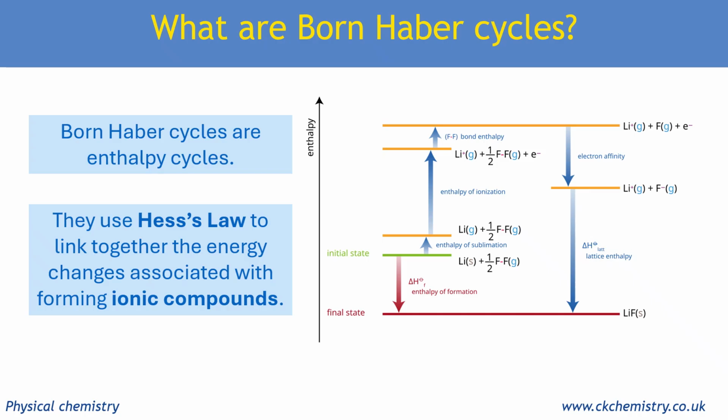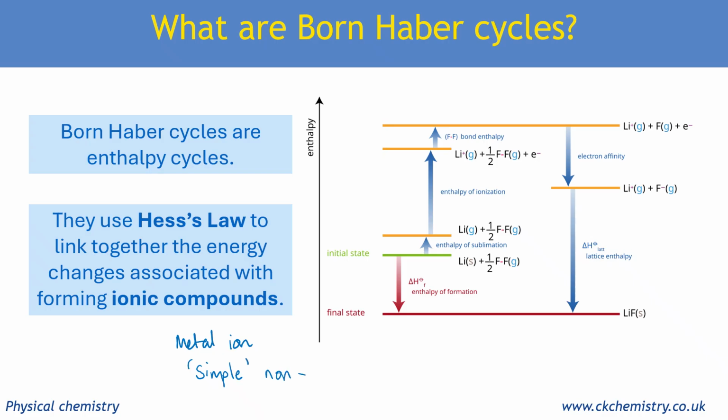But the good thing about Born Haber cycles is they are super predictable, because rather than normal Hess cycles, which could be about all kinds of different things, Born Haber cycles are only about the enthalpy changes associated with forming ionic compounds. And they tend to only involve, at A level at least, ionic compounds where you just have a metal ion and a simple non-metal ion.